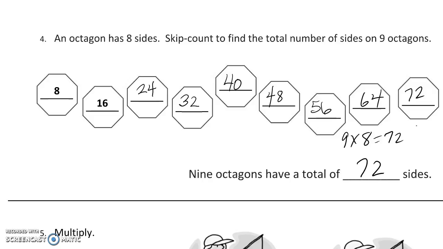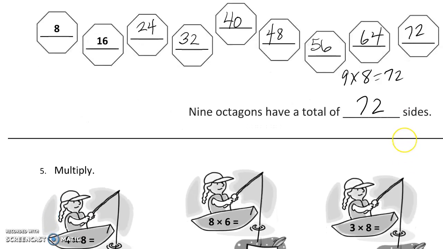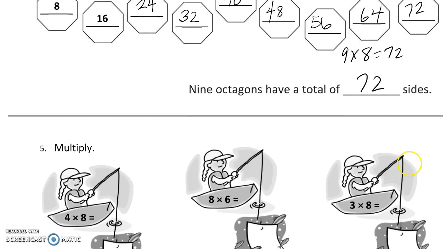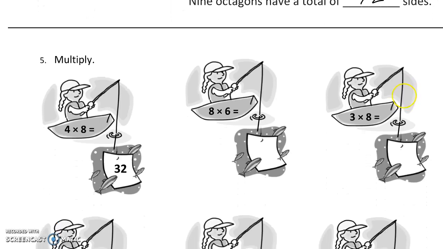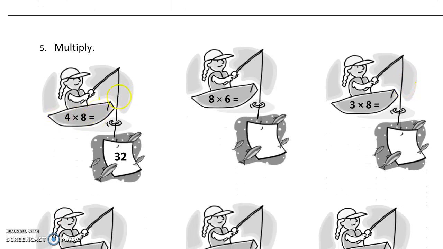All right, so we could probably use these now in our next several problems. And I'm going to have to scroll up, but you can look at yours. 4 times 8, so that's 4 groups of 8 is 32. Now we've got 8 times 6, 8 groups of 6. Well, we don't have groups of 6 labeled up on top of this page. We have groups of 8, so let's think about it as 6 groups of 8.